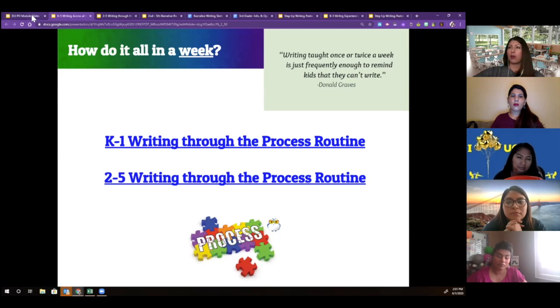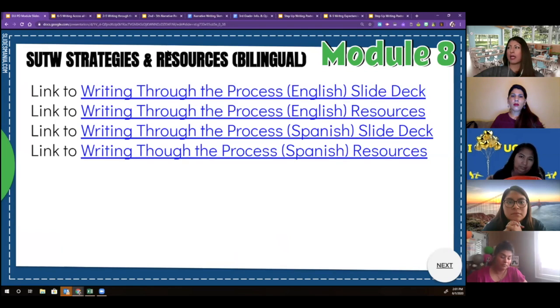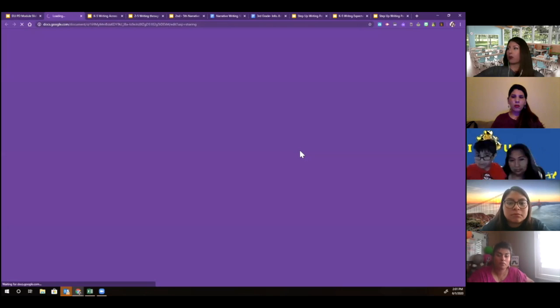But I wanted to share with you that slide I mentioned before that has all of the resources for all the parts of the routine. Those are right here. Can you still see my screen? Okay. So those are right here for English, and then right here for Spanish. And so let's just open up the Spanish one for now.